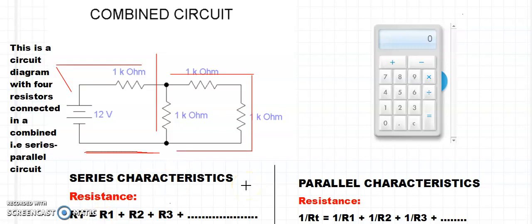So for the analysis purpose we need to understand the direction of flow of current, and then we need to understand also how the current is dividing in this circuit, which you can see as I am showing through the arrows.